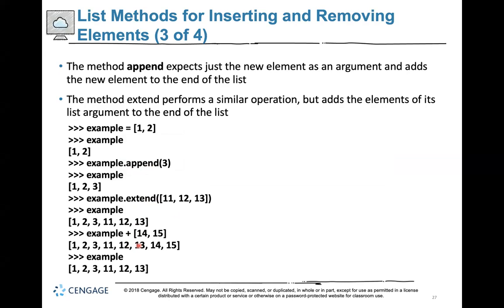You combine a list into a new list. Keep in mind that when you use this, you're not modifying the existing list. You are getting a new list. However, when you do the extend, you are modifying the existing list. So that's the difference here.